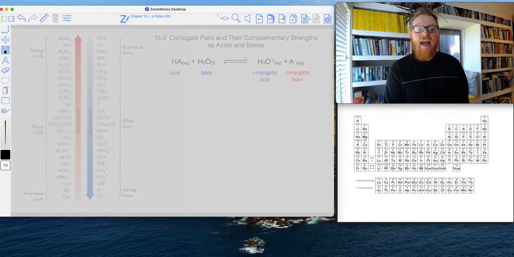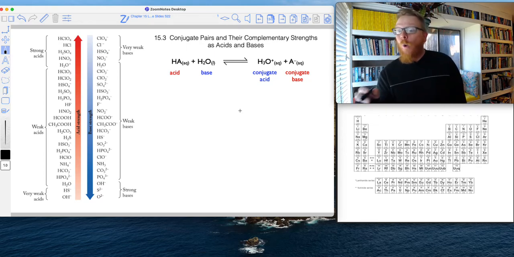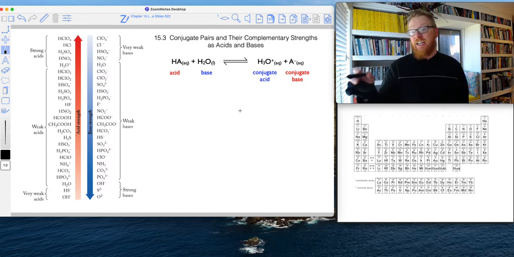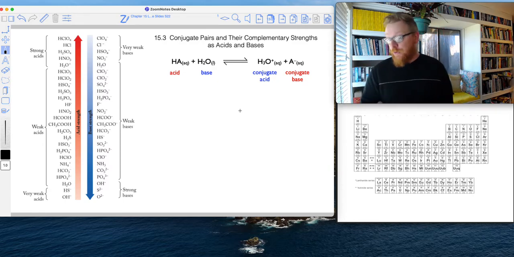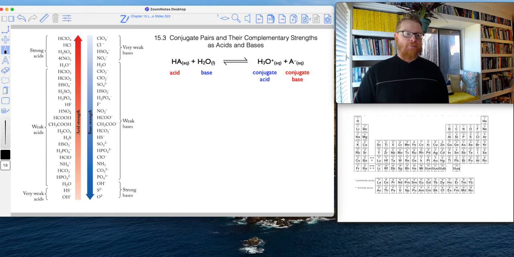And so now what that means, there are complementary strengths between acids and their conjugate bases, or bases and their conjugate acids, okay? So for example, we remember HClO4, HCl, H2SO4, HNO3. We remember all of those are strong acids. And you notice that even H3O plus is listed as a strong acid, okay?